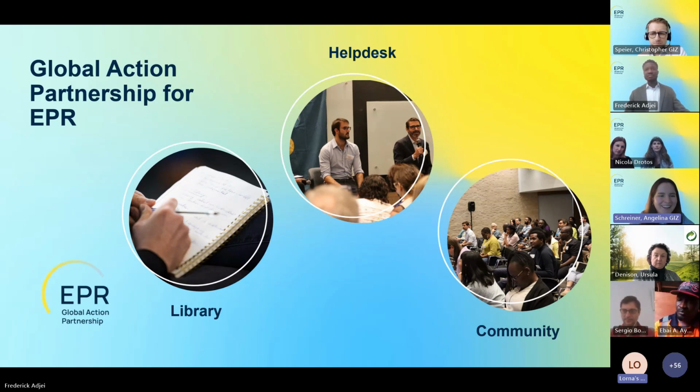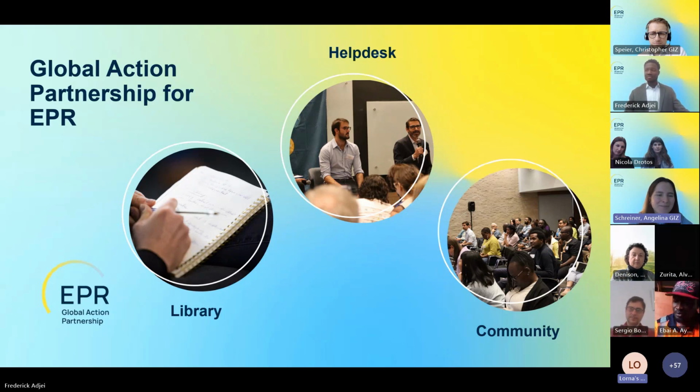Here you see already the slide on the Global Action Partnership for EPR. Just a short recap for those of you who don't know us yet. GIZ, WWF and OECD have partnered to establish the Global Action Partnership for EPR.